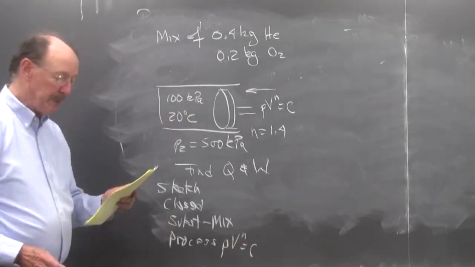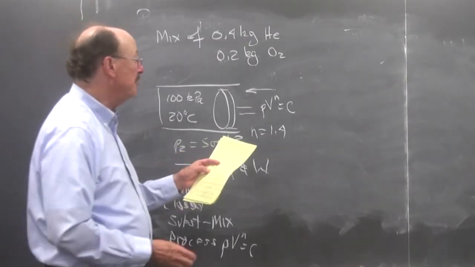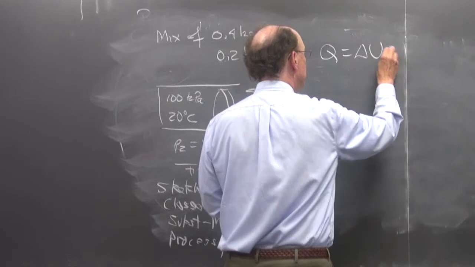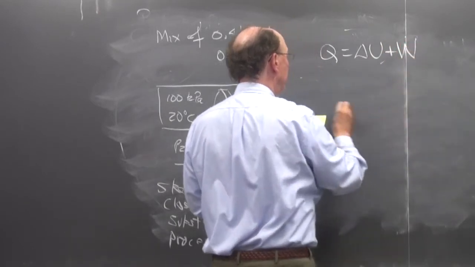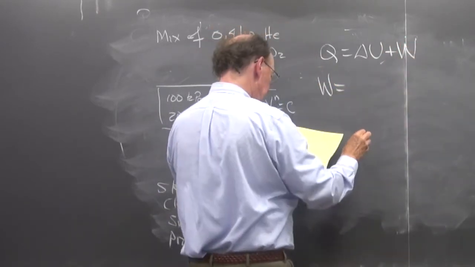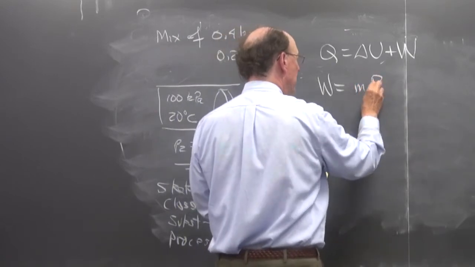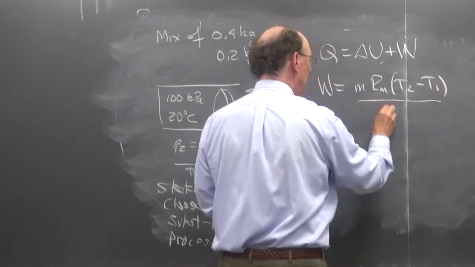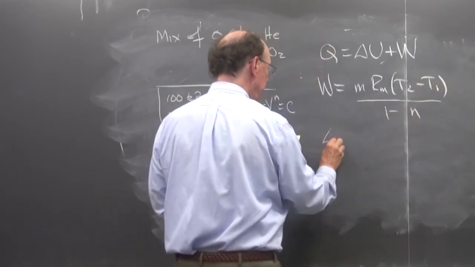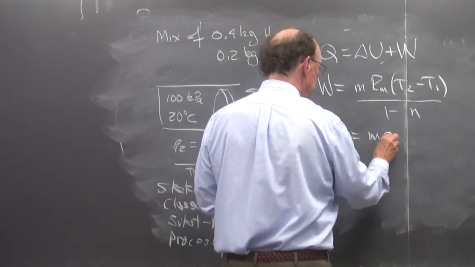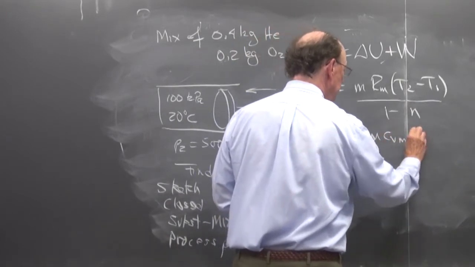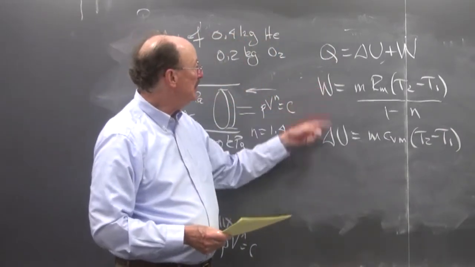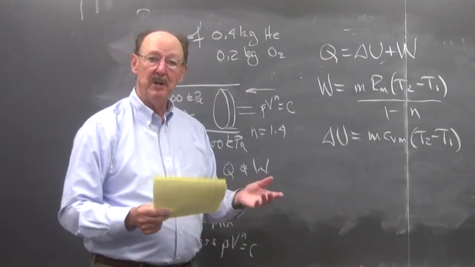For a polytropic process, Q is equal to delta U plus W. W is equal to M R sub M times T2 minus T1 over 1 minus n, and delta U is equal to M C sub V of the mix times T2 minus T1. If I solve for these two, I solve for Q.